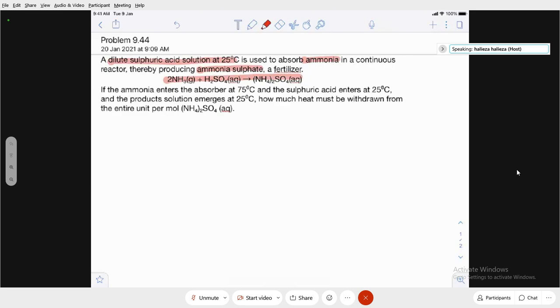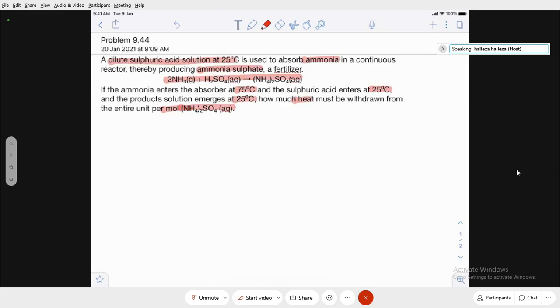Your ammonia enters at 75 degrees C, sulfuric acid at 25 degrees C, and the solution itself will also be at 25 degrees C. The question asks, what's the amount of heat that must be withdrawn from the entire unit if you're going to form 1 mole of the solution? That means 1 mole of the solution.